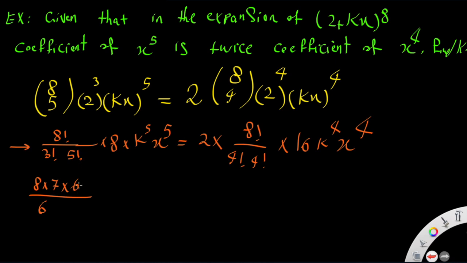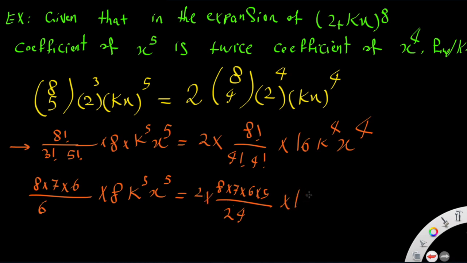The 5 factorial cancels out, and we have 6 times 8 k to the power of 5 x to the power of 5 is equal to 8 factorial over 4 factorial 4 factorial, which will be 8, 7, 6, 5 over 24, times 2 times 16 k to the power of 4 x to the power of 4.